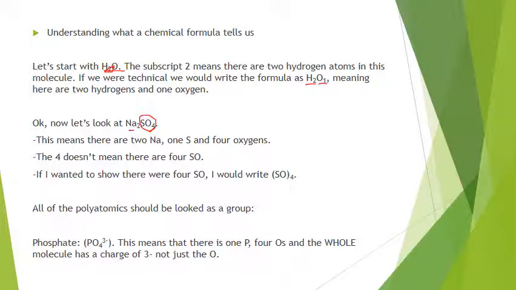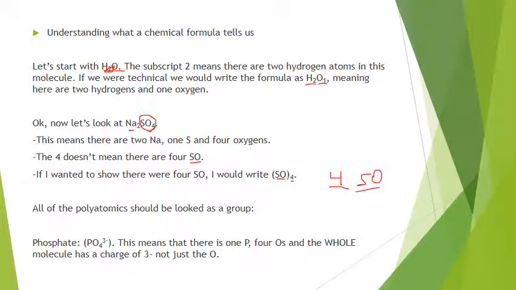What you did, it doesn't mean there are 4 SOs. If I wanted to show that there were 4 SOs, I would have written SO4 with the 4 as a coefficient. But we don't see that here.